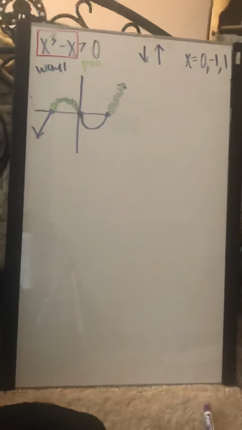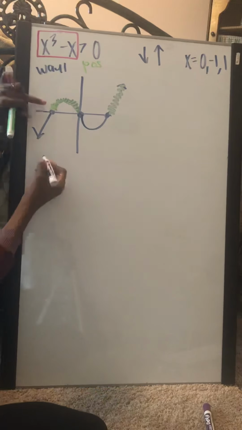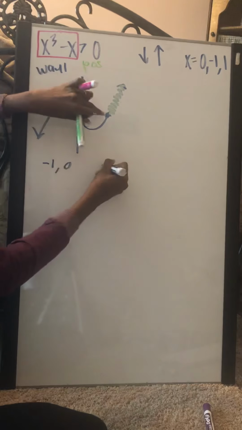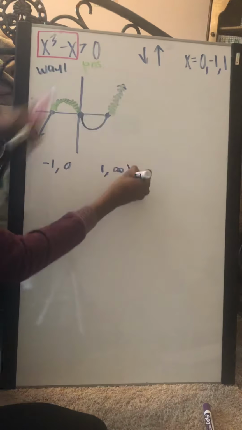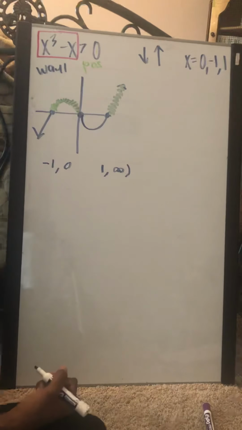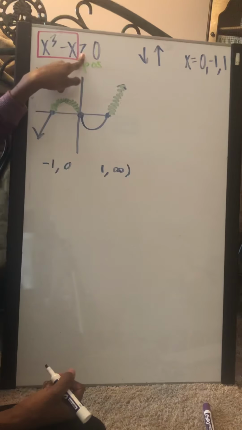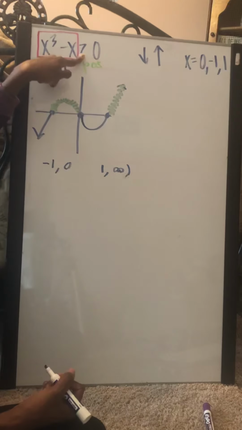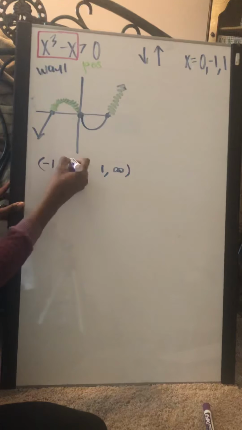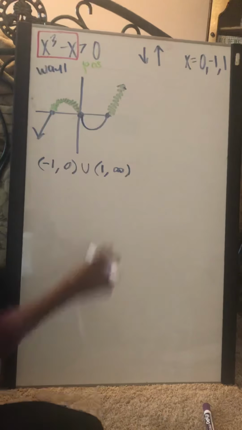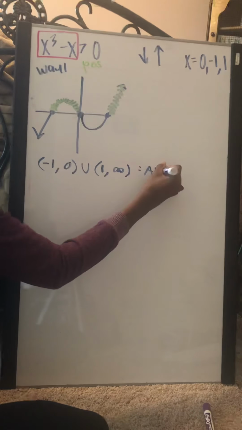So now if we were to write that in interval notation, this is going to be -1 to 0, and then 1 to infinity, okay? So to determine whether we use parentheses or brackets, we look at the sign of our inequality. This inequality is greater than, there is no line, so we use parentheses and we separate it with our union. And that would be our final answer, okay?